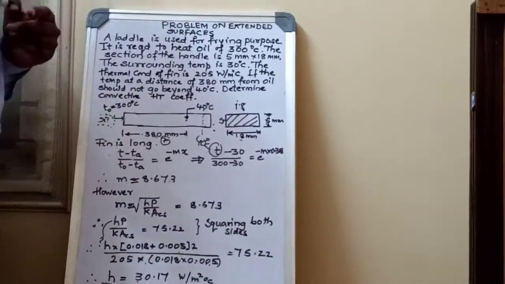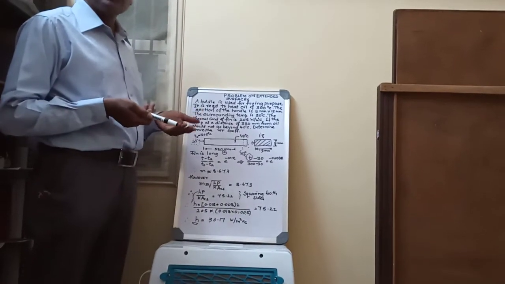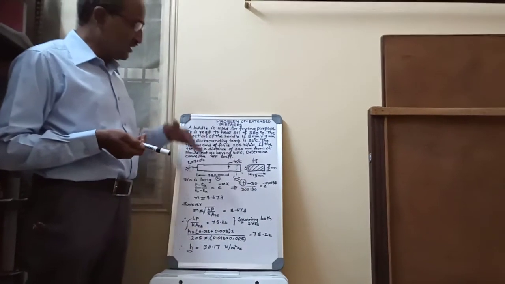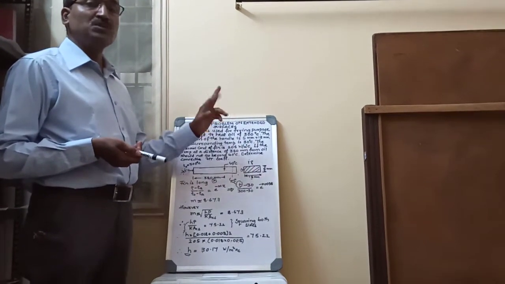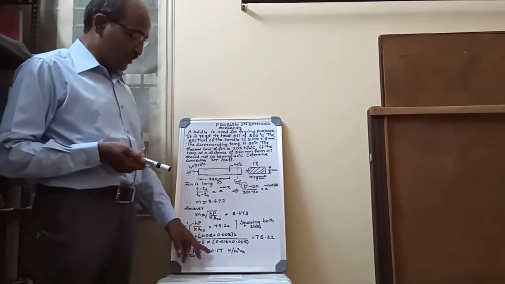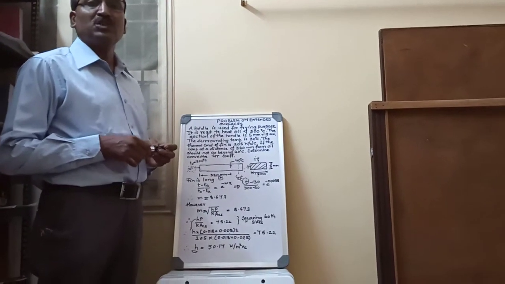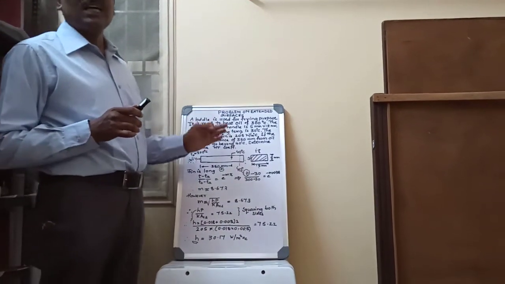So there should compulsorily be air, or any other gas or liquid. Because 300 is the highest temperature and the lowest is 30 degrees, there is a 270 degree difference, because of that we have 30.17 watt per meter square degree centigrade. This is the convective heat transfer coefficient.